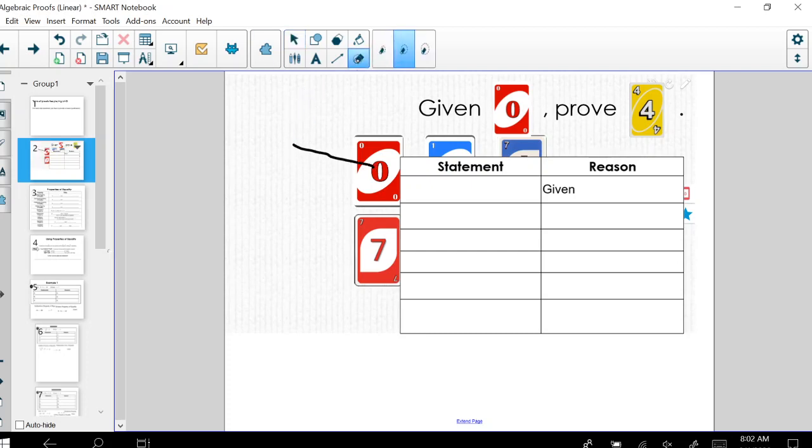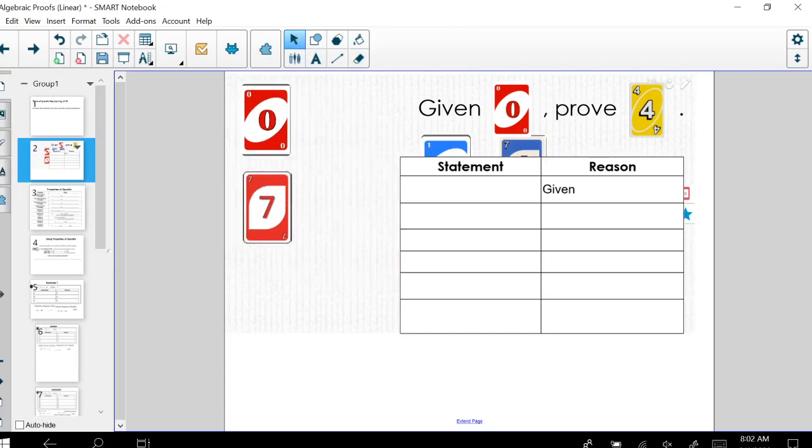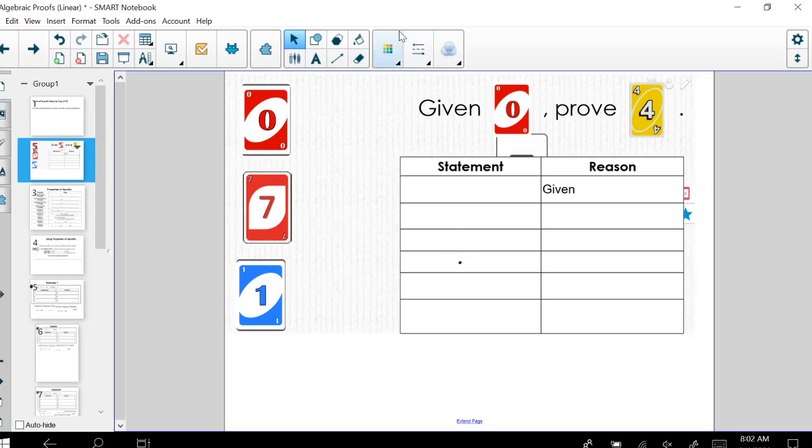I'm going to try to see if I can drag these cards out from behind here so we can see what we're working with. And again, with every card that we lay down, we have to provide some sort of reason or justification as to why we can play that card.